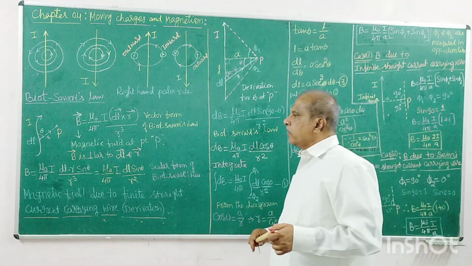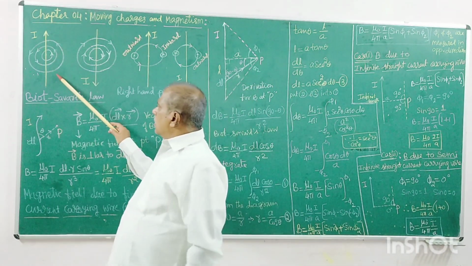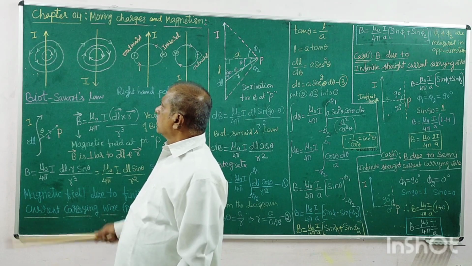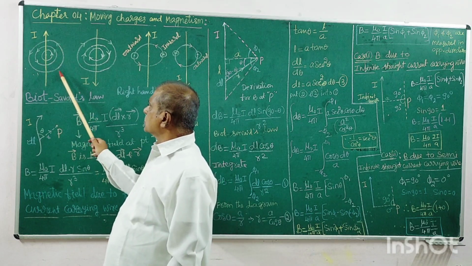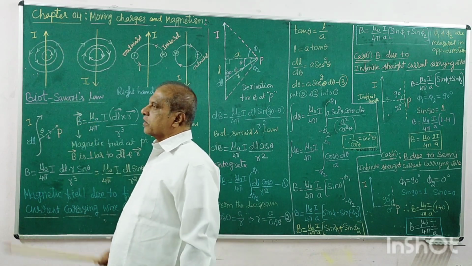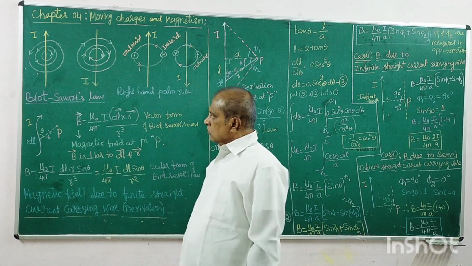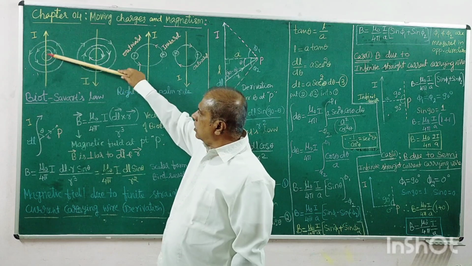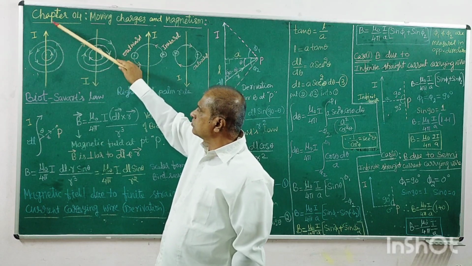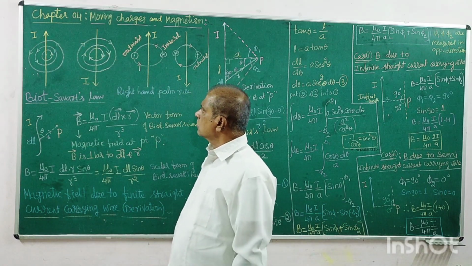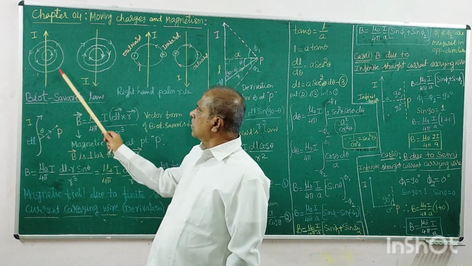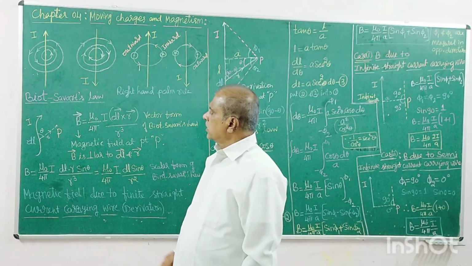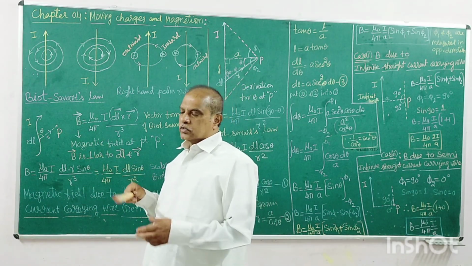This geometry we have drawn gives us the information about the magnetic lines of force around the conductor. There is a straight electric conductor carrying current, and these are concentric circles, that is, closed circular paths.